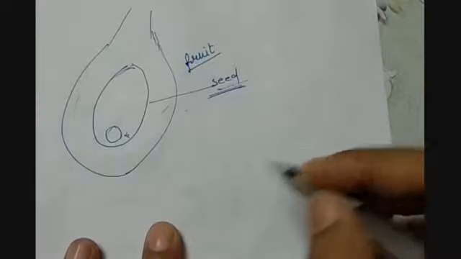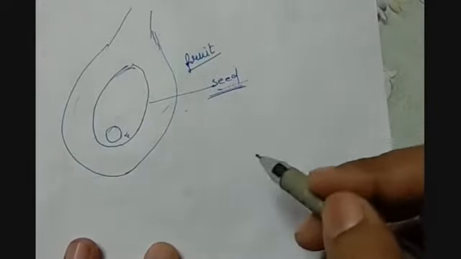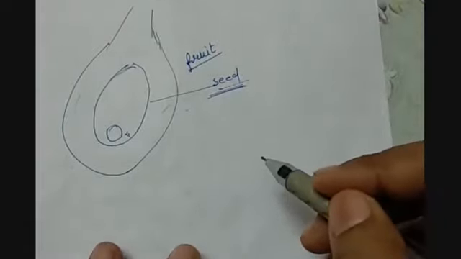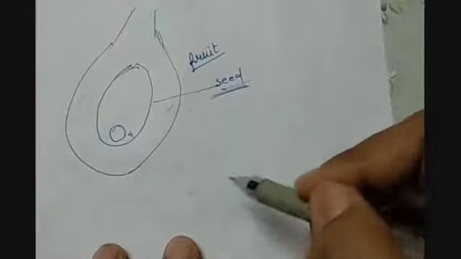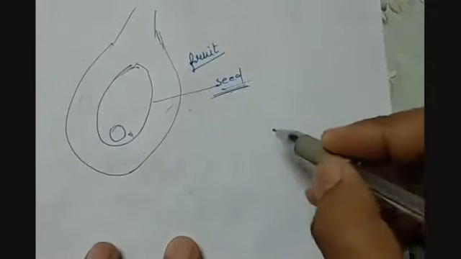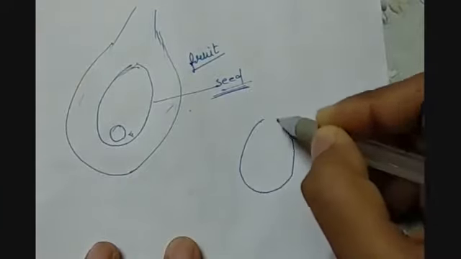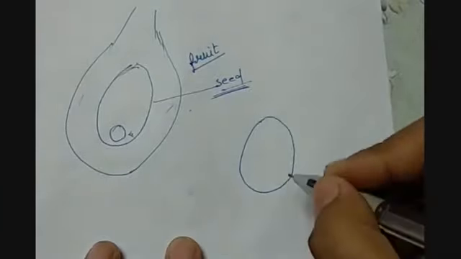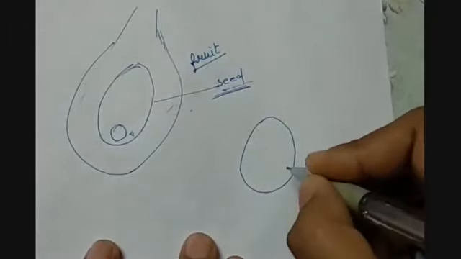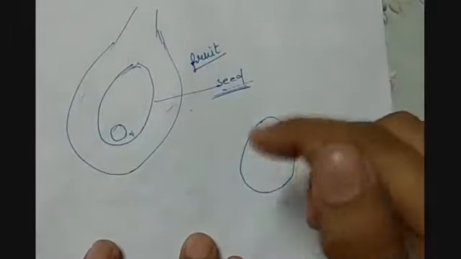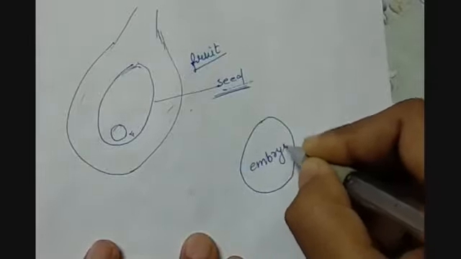Inside the seed, as we have studied, that growing part, when we had just one cell or zygote, keeps on increasing in size and multiplying itself, and becomes a little bigger. Then what happens? Inside the seed, there is a tiny living part which is called the embryo.